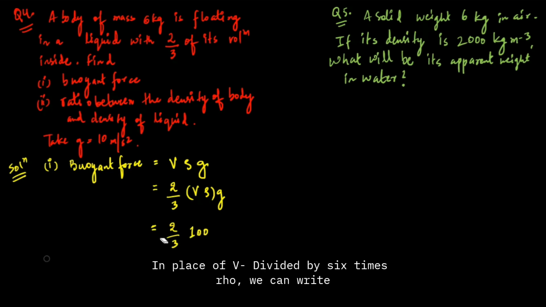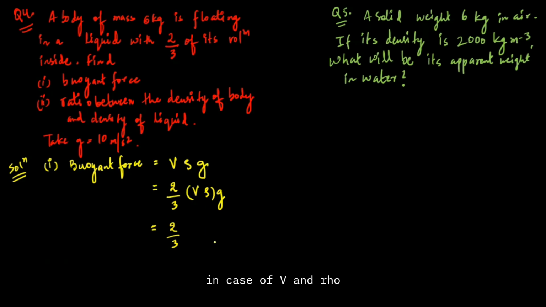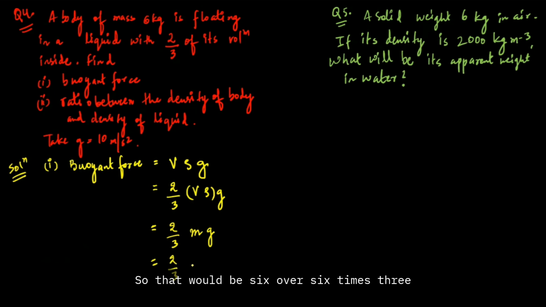In place of V and rho, we can write mass. So that would be 6 over 6 times 3 over 2,000.